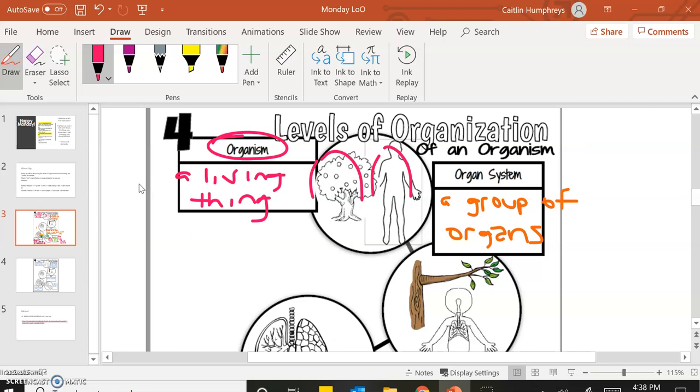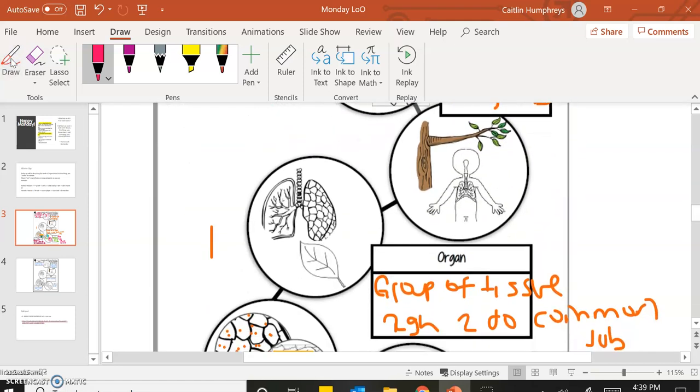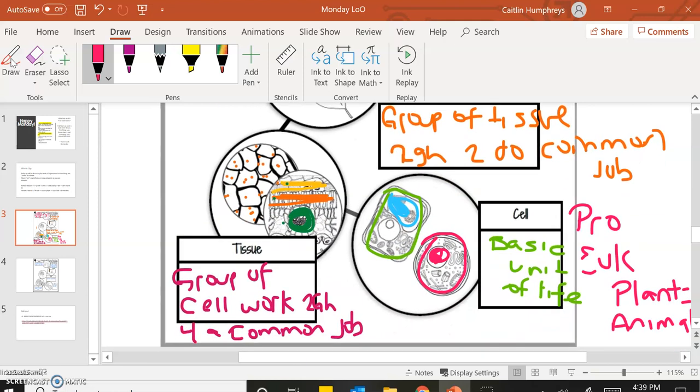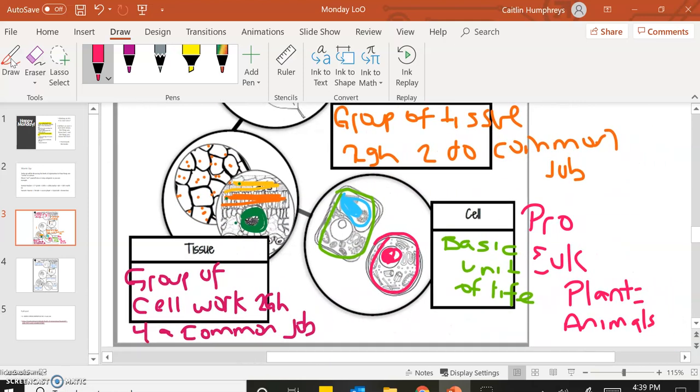An apple is technically a living thing and would be counted as an organism. But when we're talking about organisms, we really are talking about a frog, a tree, a person. The completed thing all together. So as a human, you are an organism. You're made up of multiple organ systems that are made up of multiple organs, that are made up of multiple tissues, that are made up of multiple cells.